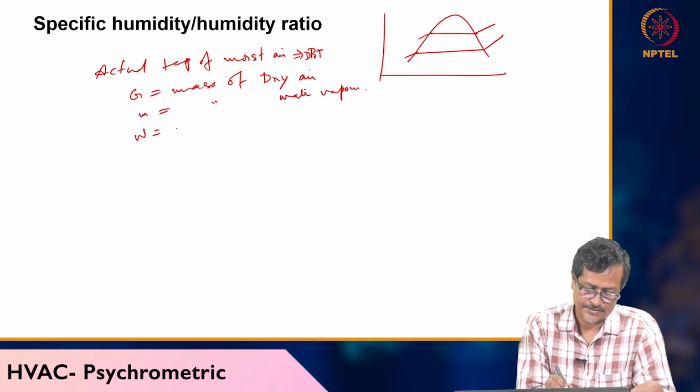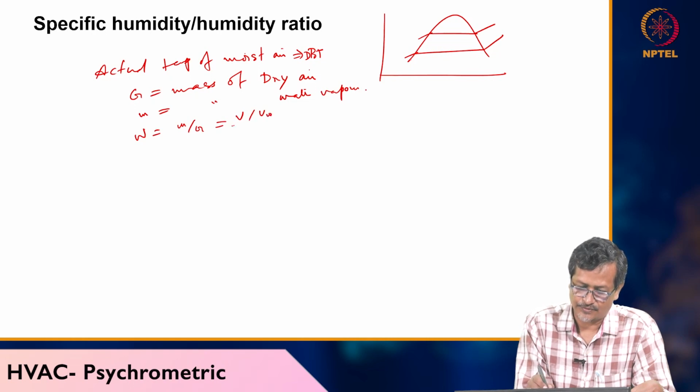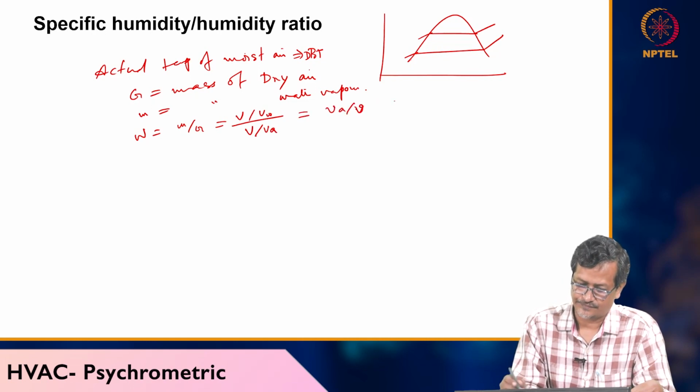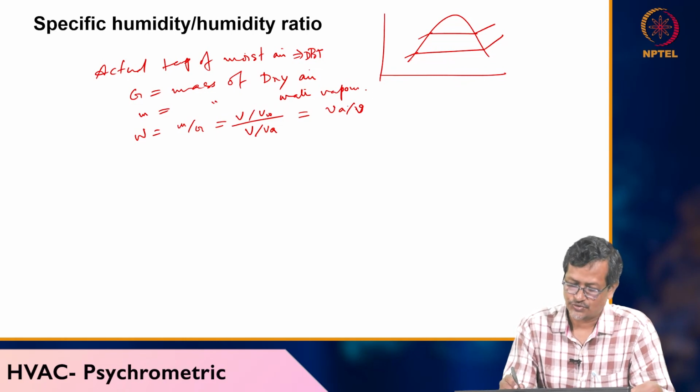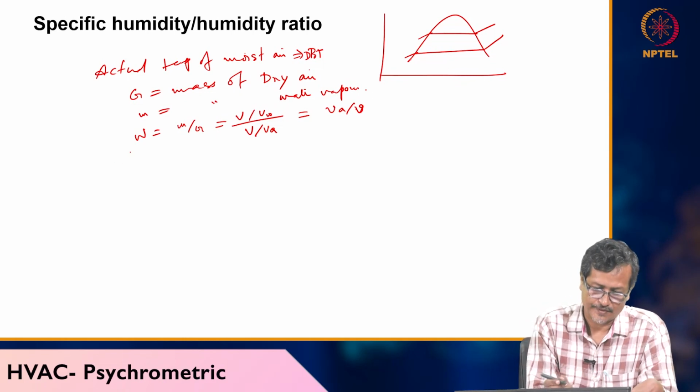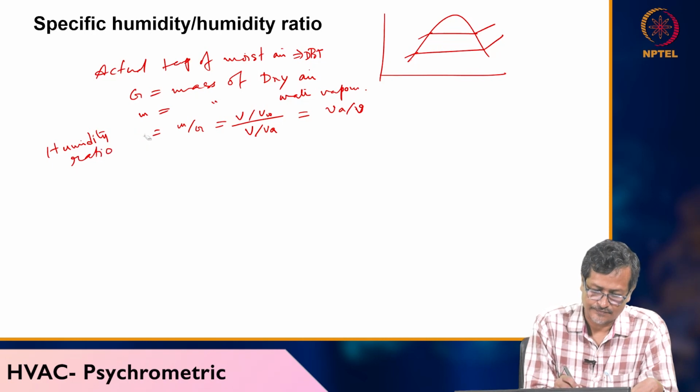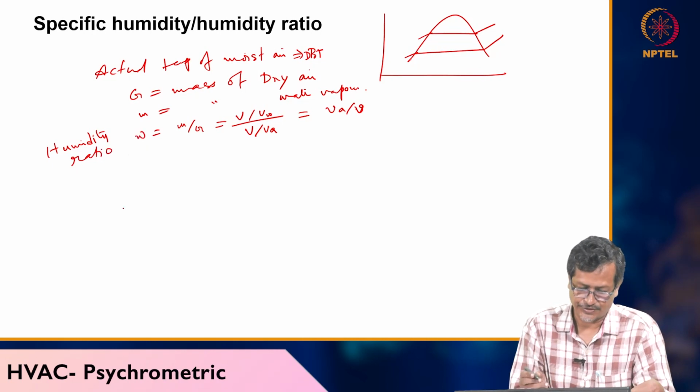So W equals M by G, which equals V by V, VW by VA. So this is called humidity ratio, this is small w actually.